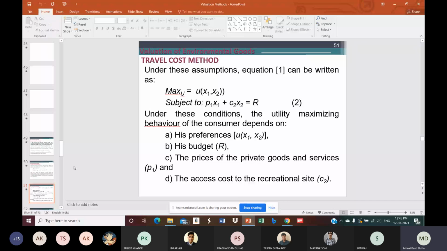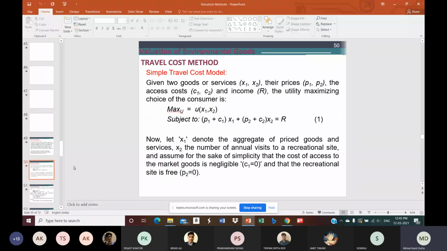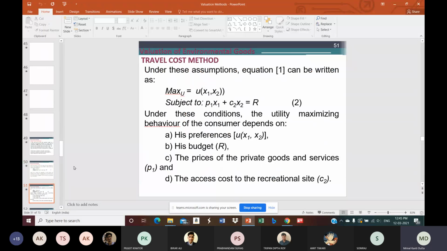It will be something like this: maximization of utility, subject to the condition that P1 X1 plus C2 X2 is equal to R. In the previous case, we assumed that C1 is 0, meaning the cost of access to the market good is 0, and the recreational site is available free of cost, so P2 is equal to 0. So P1 X1 plus C2 X2 will be the total cost, and this total cost should not exceed the budget that the individual has.